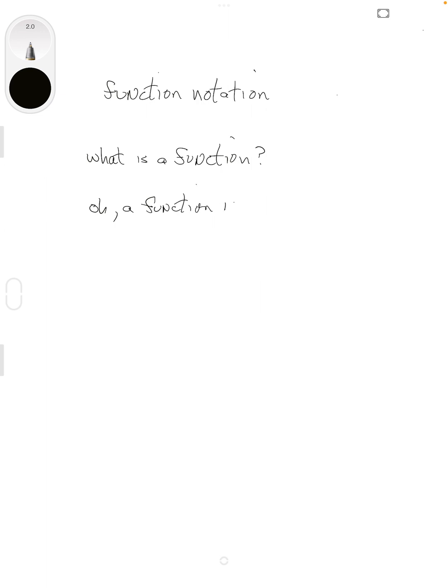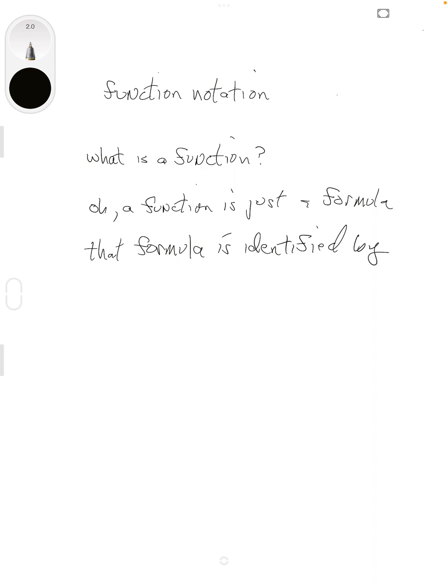is just a formula that formula is identified by a letter.